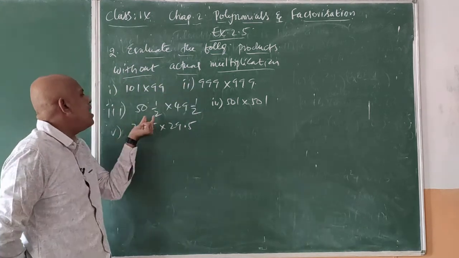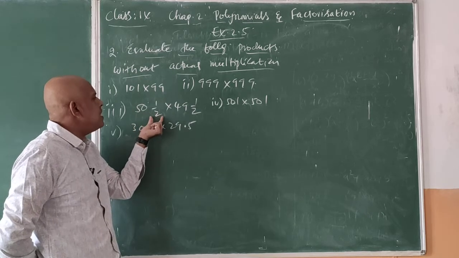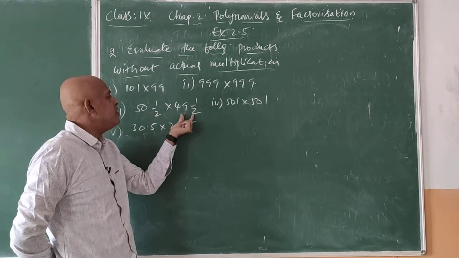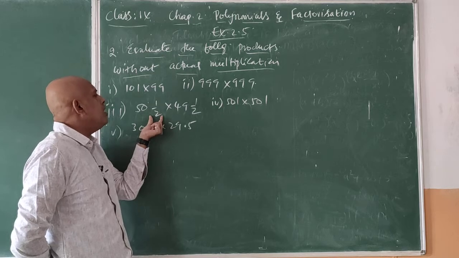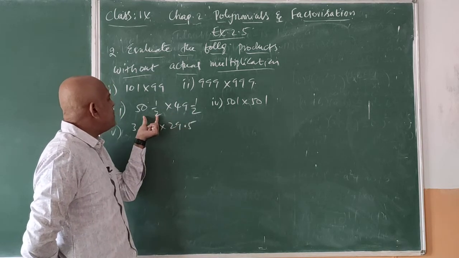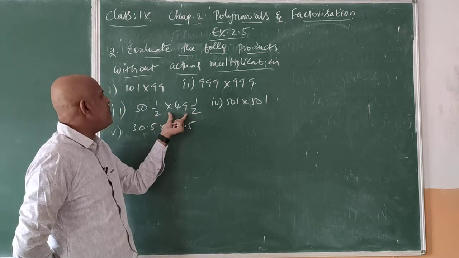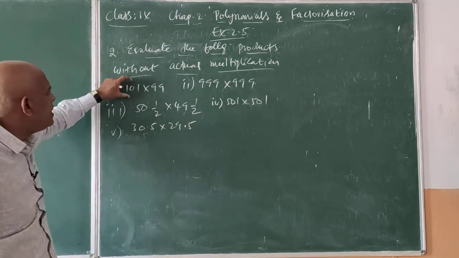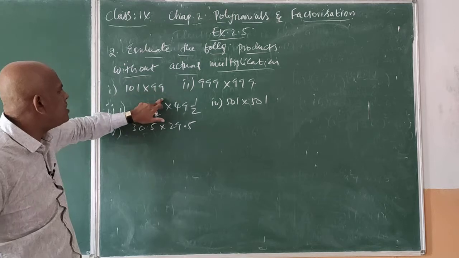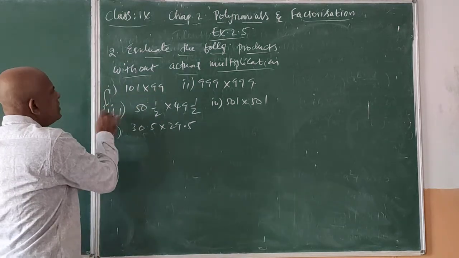So here it is a plus b into a minus b. Same as the 100 plus 1, 100 minus 1 case. Both are the same. Of these, I will solve any one.